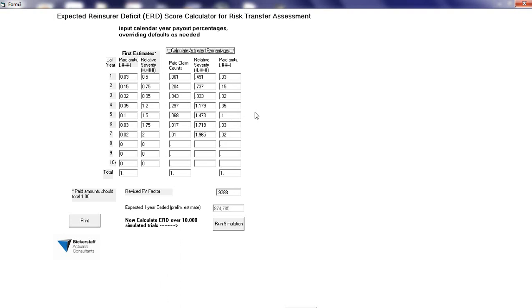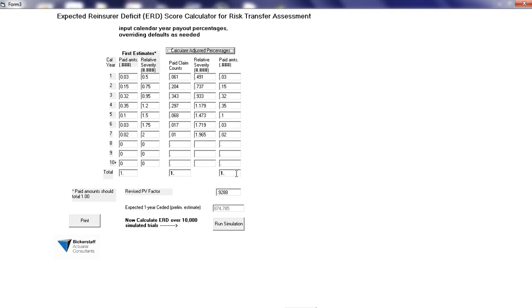So when we run 10,000 trials, one of the first things that we do when we have a claim is to randomly select what year that claim is going to actually be paid. If it's in year 5 relative to the accident year or report year, we expect that's going to be 1.5 times the overall average, and so we sample from a distribution which has a mean, instead of 200,000, a mean of 300,000, and so forth.